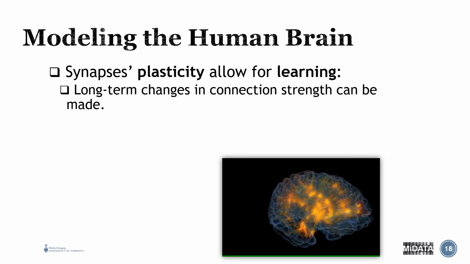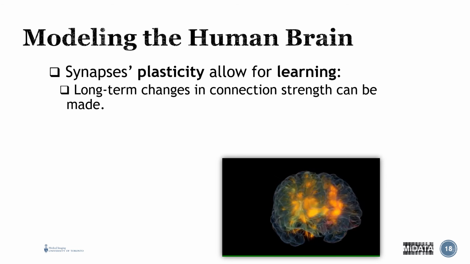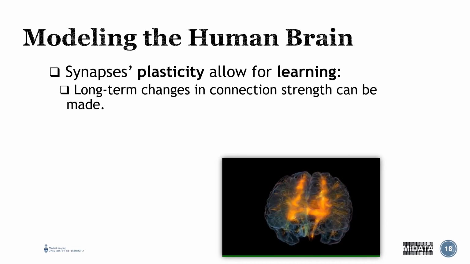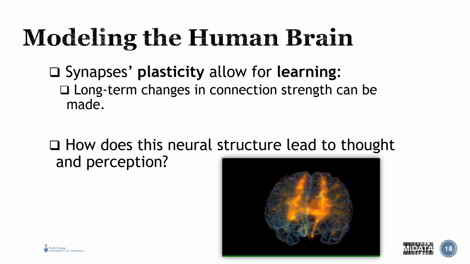Now, the synapses' plasticity allows for learning, so long-term changes in connection strength can be made through these synapses. So how does this neural structure lead to thought and perception? We don't know. And there's the rub. We're still trying to figure that one out.